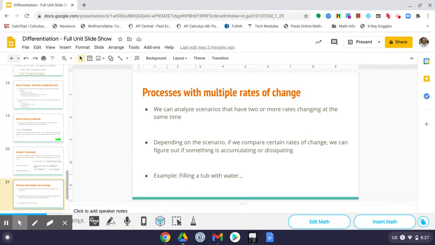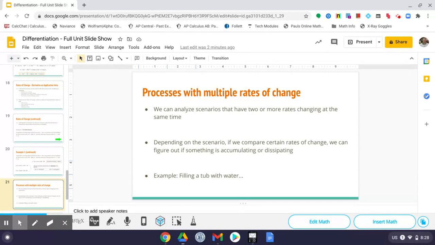So if you think about maybe a skydiver, right? Somebody jumps out of a plane and is skydiving. Well, yes, they are moving towards the earth at some particular rate of change, right? But what else is happening? They're encountering a lot of friction from the wind and things of that sort, right?